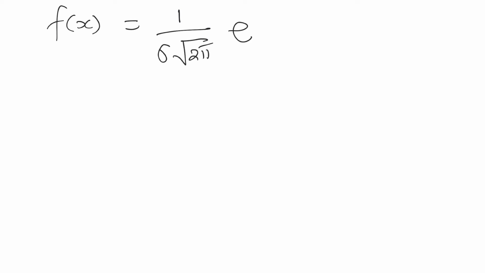We said that the normal distribution probability density function f of x is given by f of x is 1 over sigma times the square root of 2 pi, then the exponent of minus (x minus mu) squared, divided by 2 sigma squared.